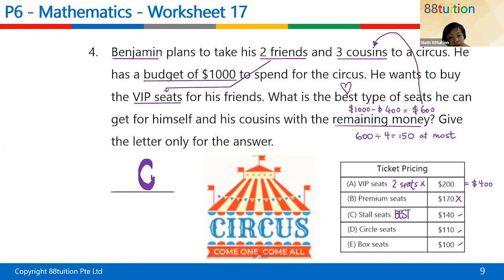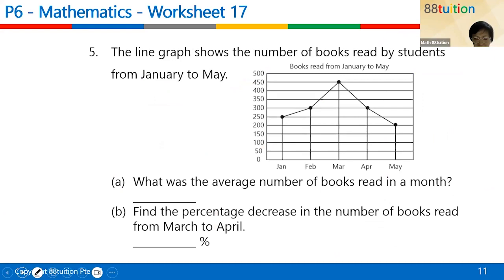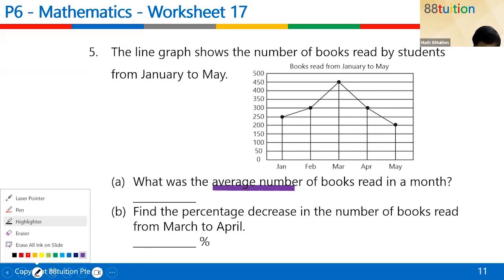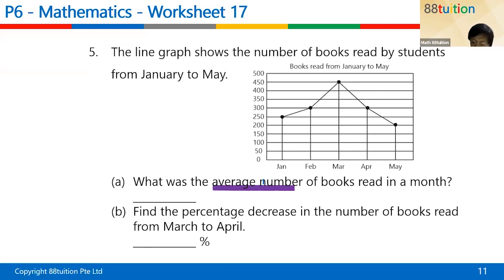Next one. Let's take a look at question 5. The graph shows, let's see what they showed, the number of books read from January to May. He wants the average number of books read in a month. Okay, so let's take a look at this one.